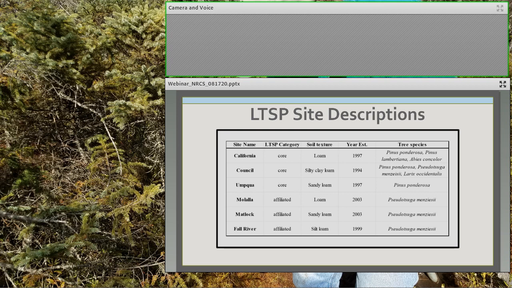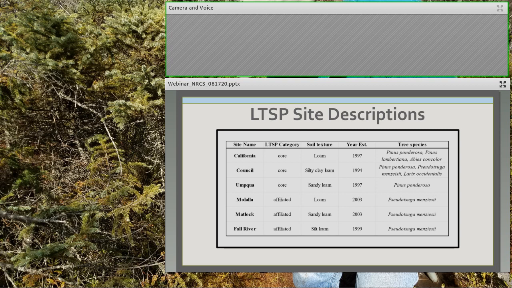The core sites are the oldest sites included in this study, with Council being established 25 years prior to sampling in 1994, and California and Umpqua being established 22 years prior to sampling in 1997. The affiliated sites are a few years younger, with Fall River having been established 20 years prior to sampling in 1999, and Moala and Matlock established 16 years prior to sampling in 2003.